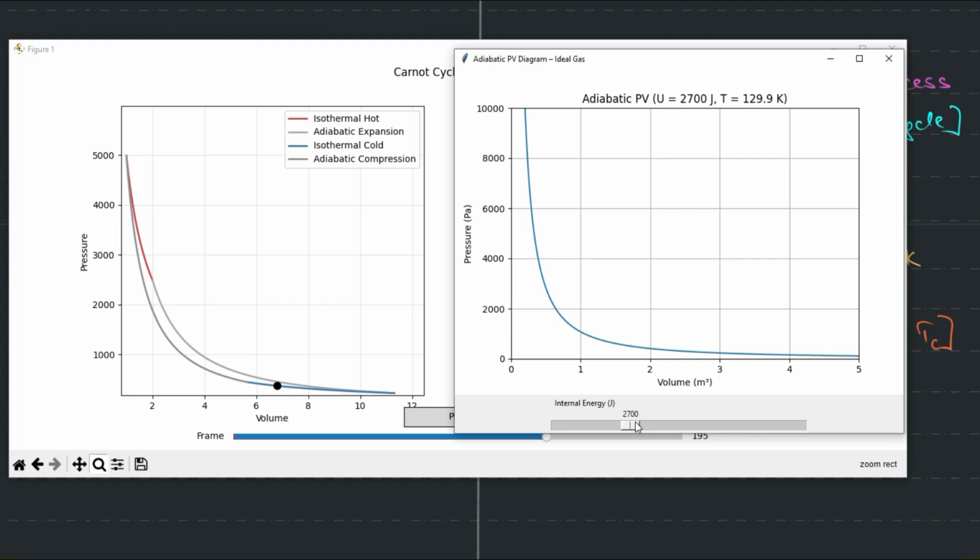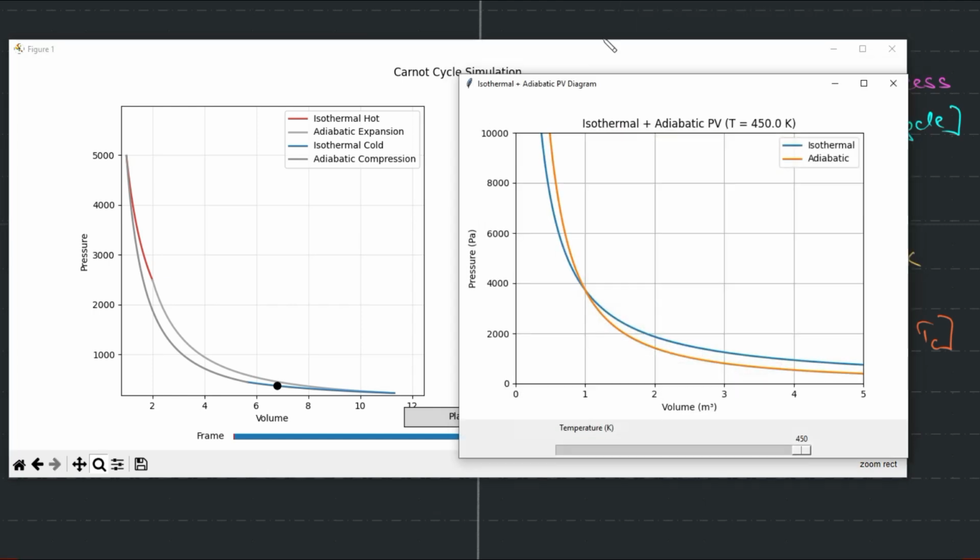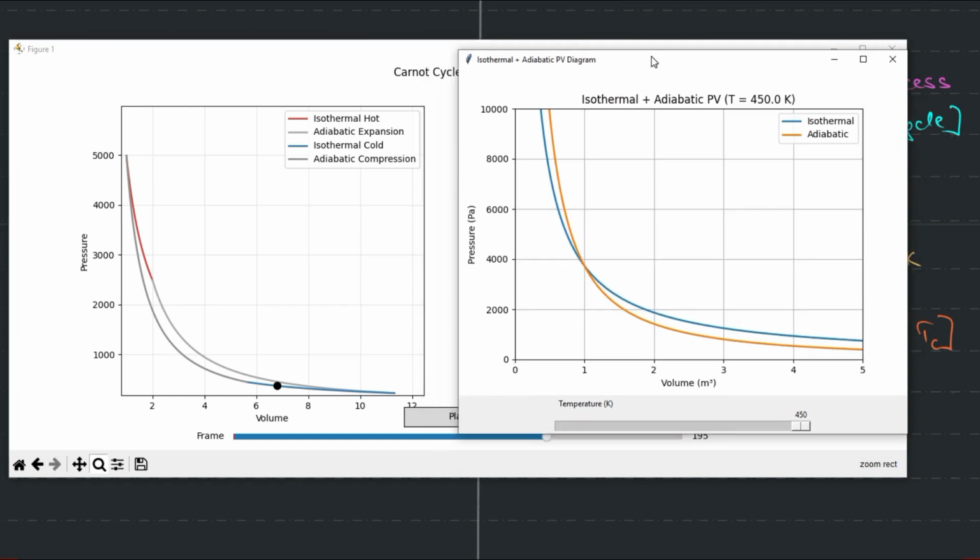adiabatic. So in adiabatic, as the internal temperature varies, can you see how the graph acts? This is at higher internal temperature. This is at lower internal temperature. Can you see how the graph varies? So combined version is this.